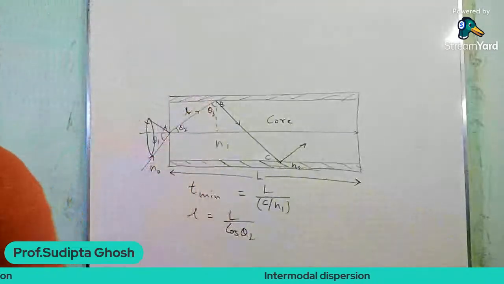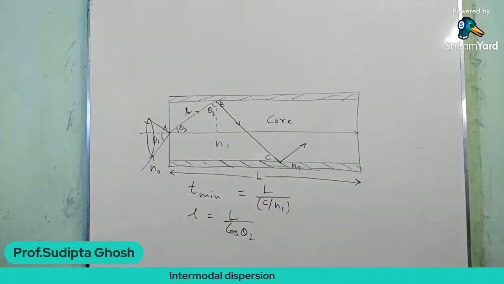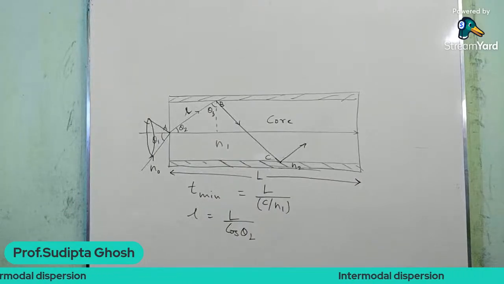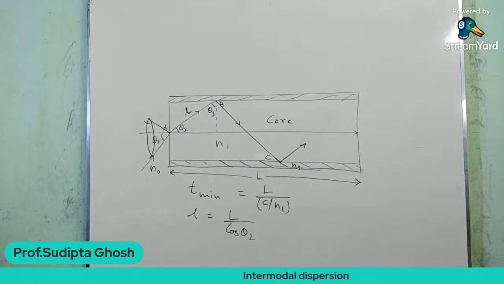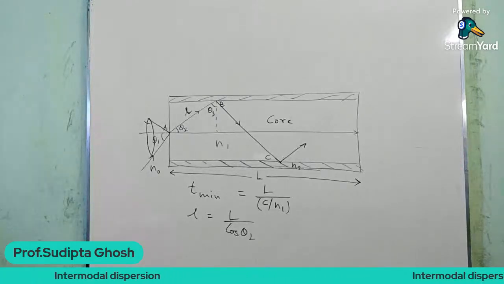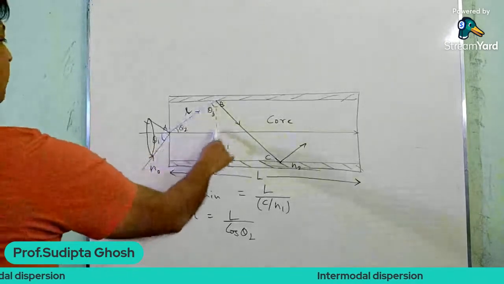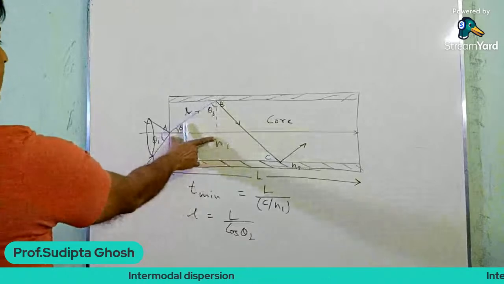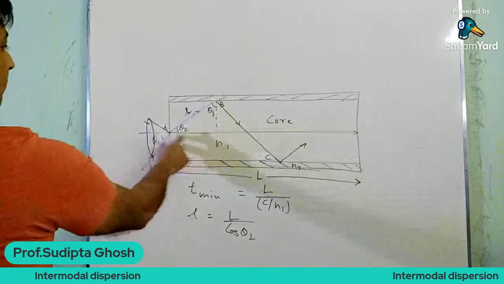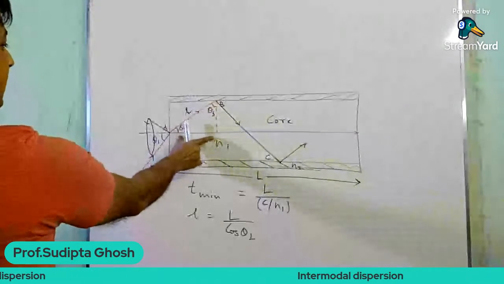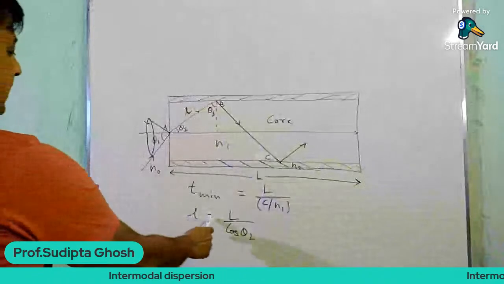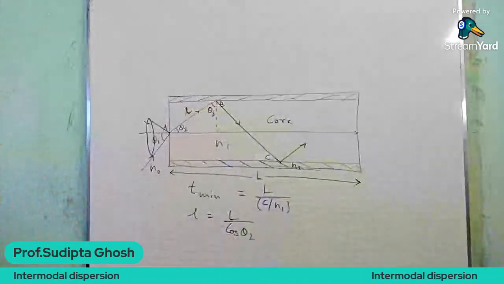Okay? Because for this triangle, if this is the capital L value, this is the base of the triangle. So capital L by small l equals cos theta 2. That means small l equals capital L by cos theta 2.